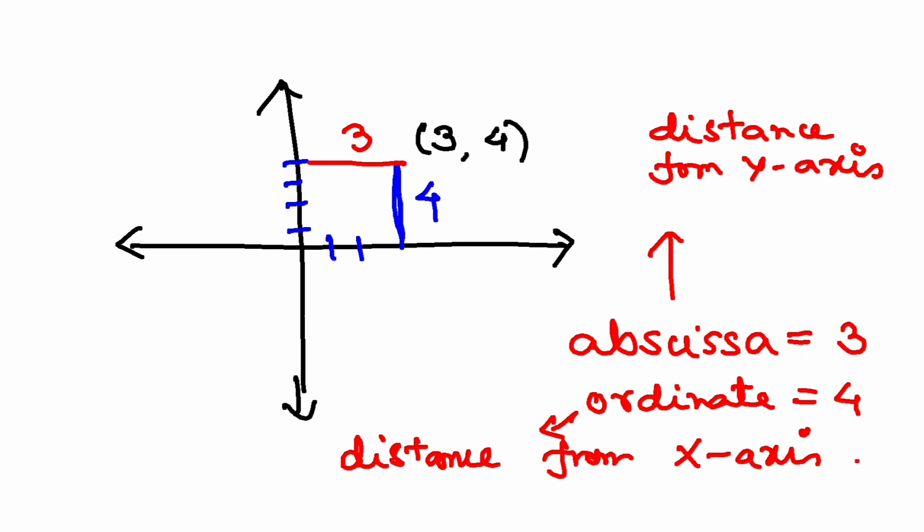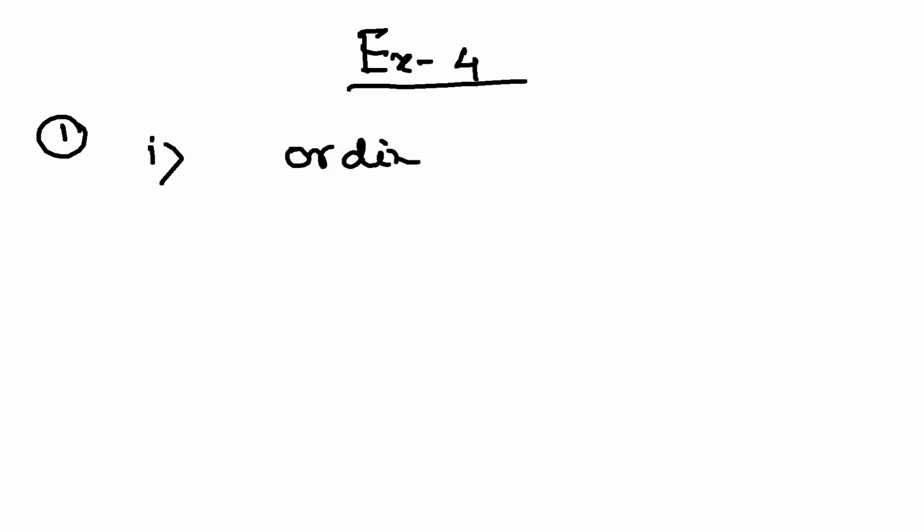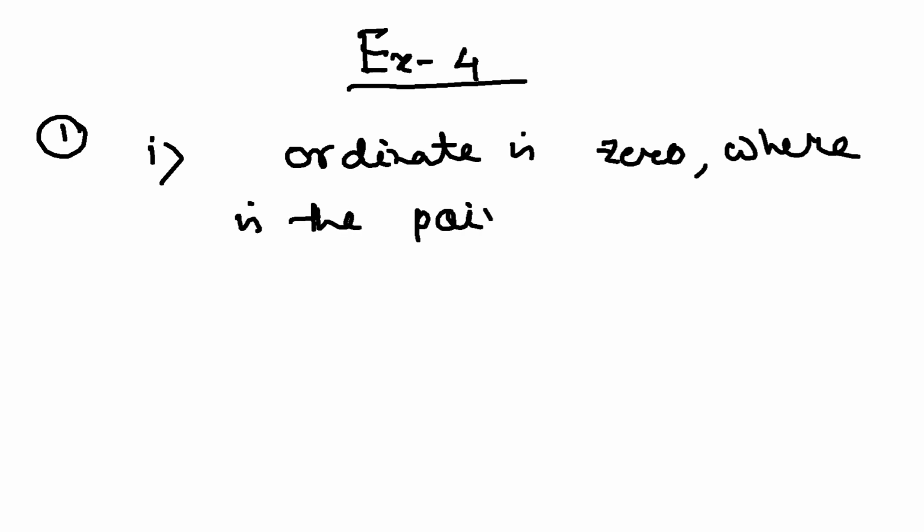All right, so these are the basics that you need to know, and now we can go to the exercise and solve the first two questions. So we'll go to exercise 4 and I'll tackle question number 1. Question number 1, where will a point lie if its ordinate is 0? So we know ordinate means y coordinate.